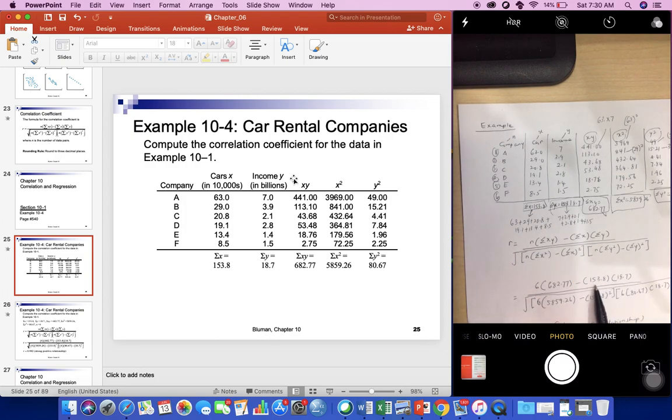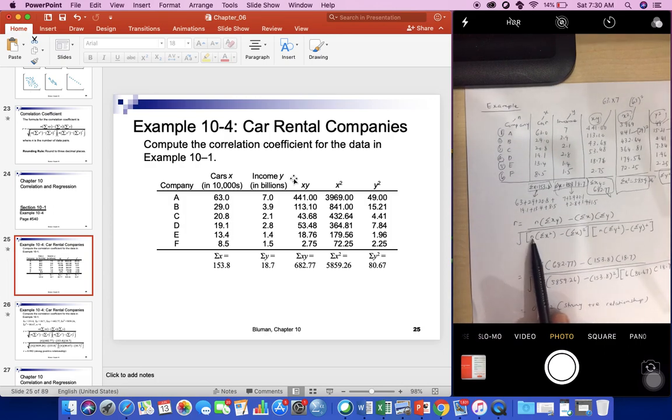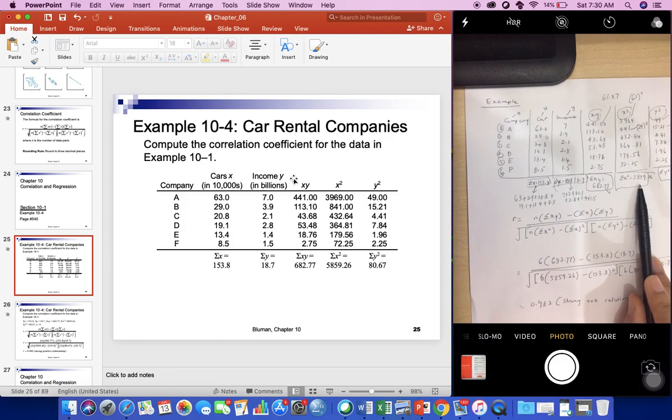The summation of y is this one, 18.7. And then n, 6 again. The summation of x power of 2 is this one, 5,859.26.